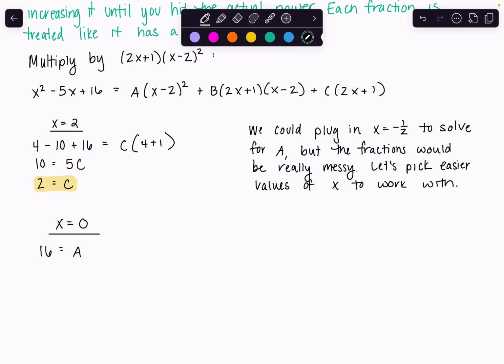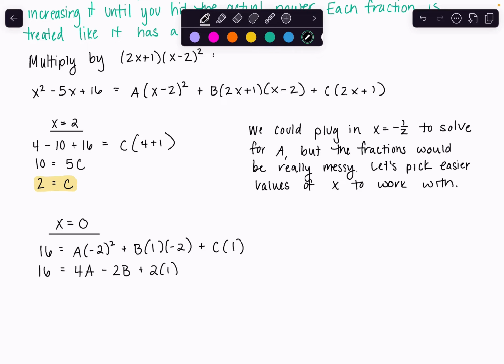Then we get a times -2 squared, b times 1 and -2, and then c times 1. So this gives us 16 is equal to 4a minus 2b plus c, but we know our value of c. It's 2.